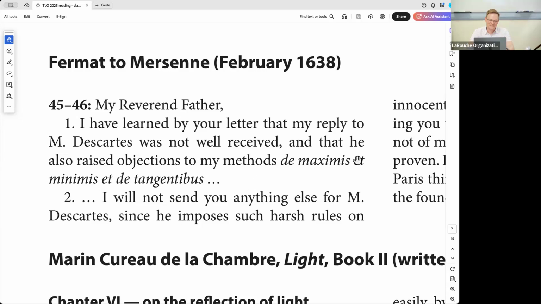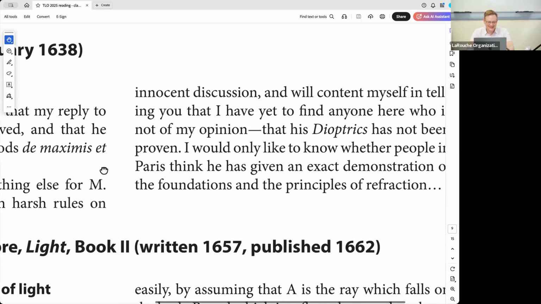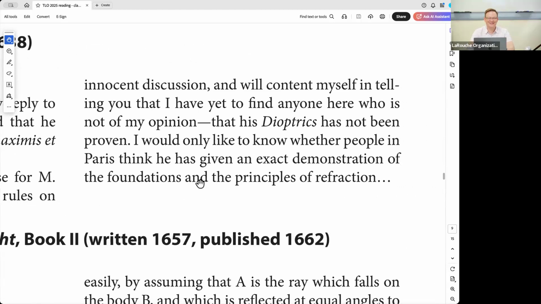I will not send you anything else for Monsieur Descartes, since he imposes such harsh rules on innocent discussion. I will content myself in telling you that I have yet to find anyone here who is not of my opinion, that his Dioptrics has not been proven. I would only like to know whether people in Paris think he has given an exact demonstration of the foundations and the principles of refraction.